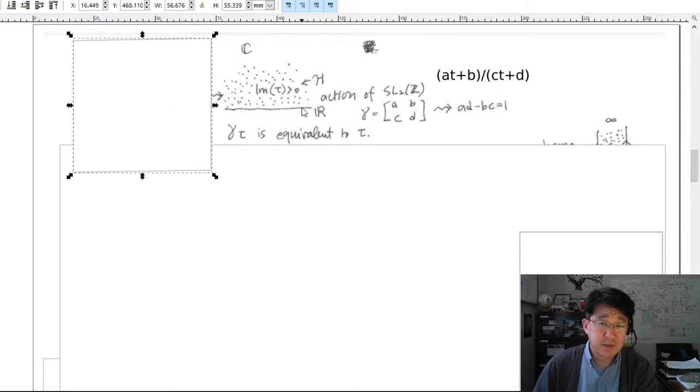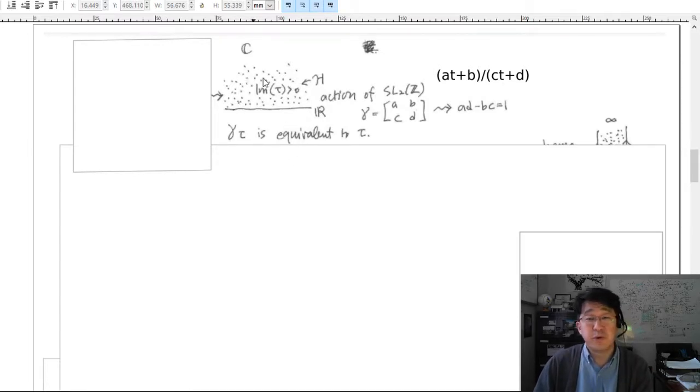But this is the very simple setting: the upper half plane of complex numbers, with a linear fractional transformation acting on it. And we're going to identify two points in the upper half plane as equal to each other if they're connected by the action of SL2Z.